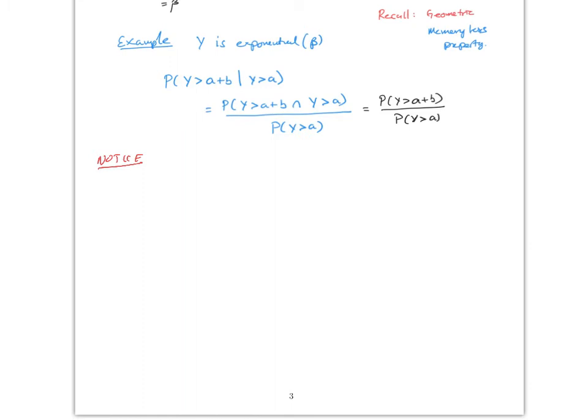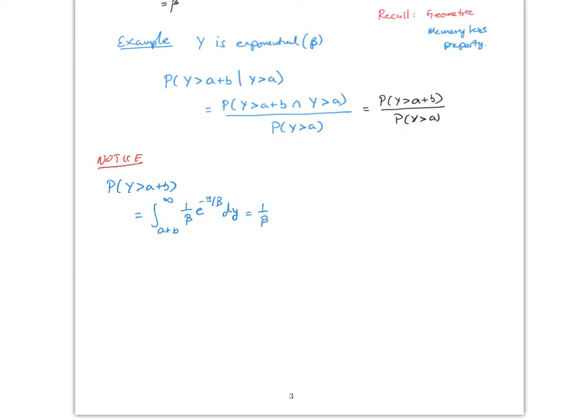The probability that y is greater than a plus b, by the definition of exponential, is the integral from a plus b to infinity of 1 over beta e to the minus y over beta dy, which is the following.